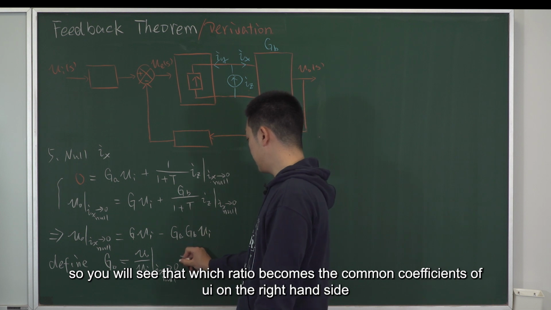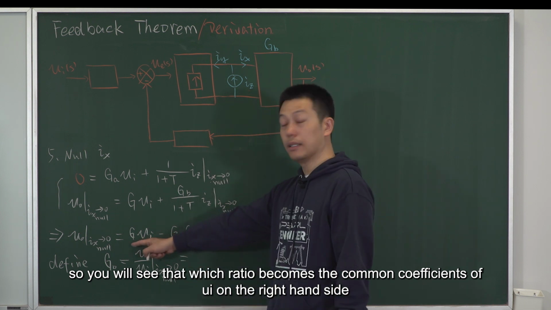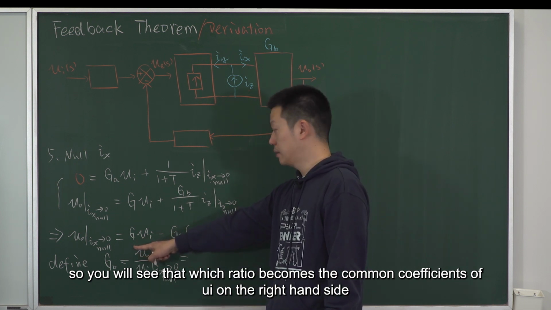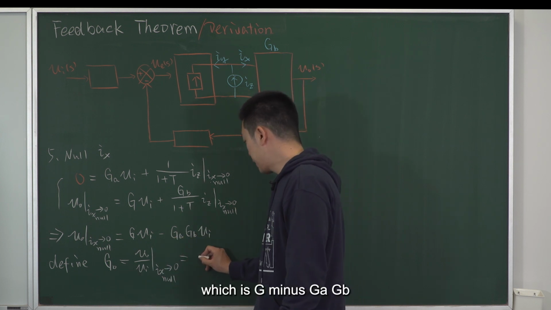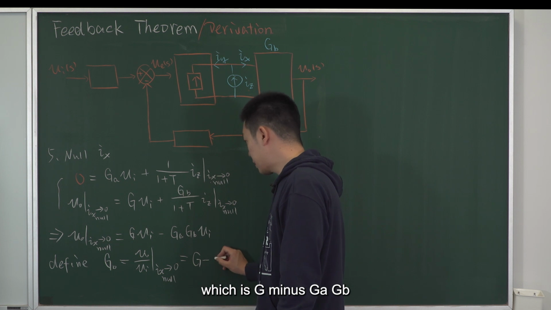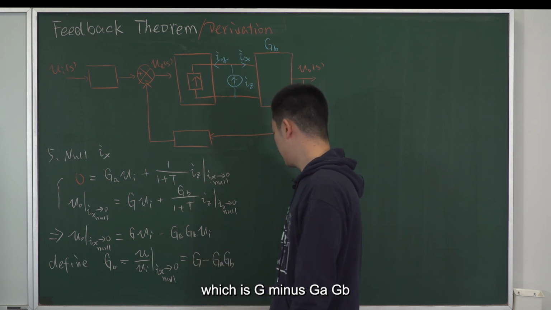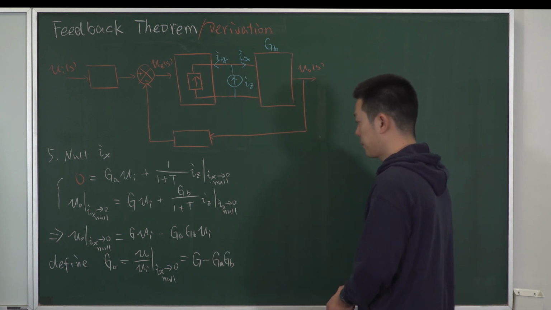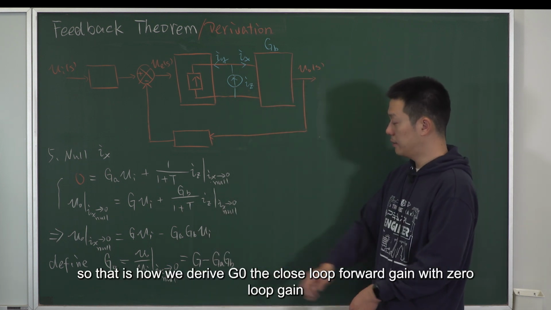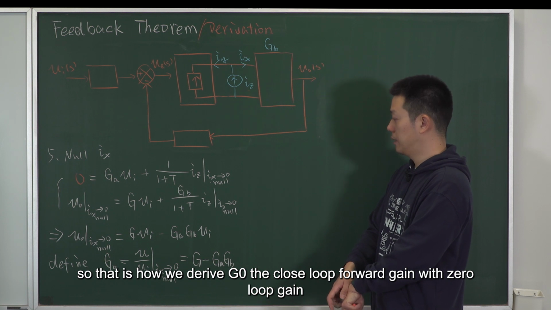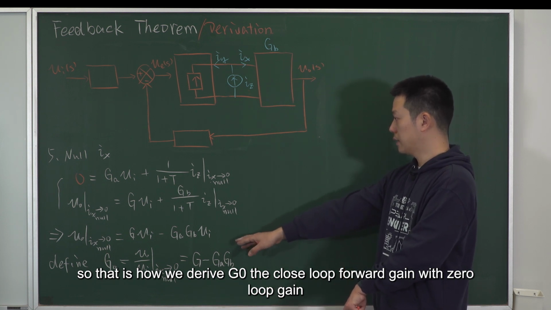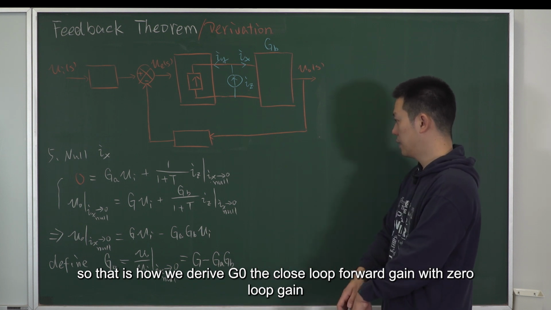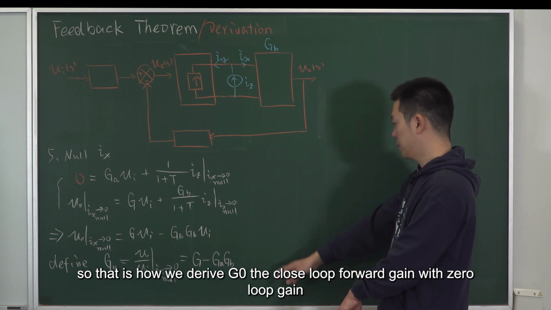You will see that this ratio becomes the common coefficient of Ui on the right-hand side, which is G plus minus GA GB. So that is how we derive G0, the closed loop forward gain with 0 loop gain.